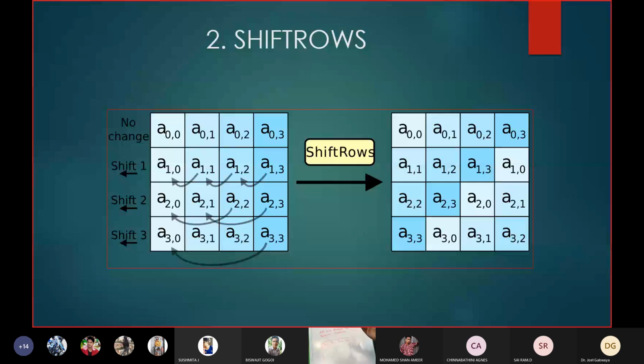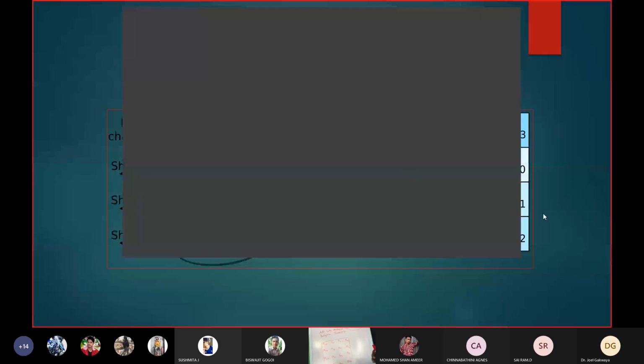The initial was A10, A11, A12, A13, A20, A21, A22, A23, the last was A30, A31, A32, A33. This was the initial box, before the substitution takes place.